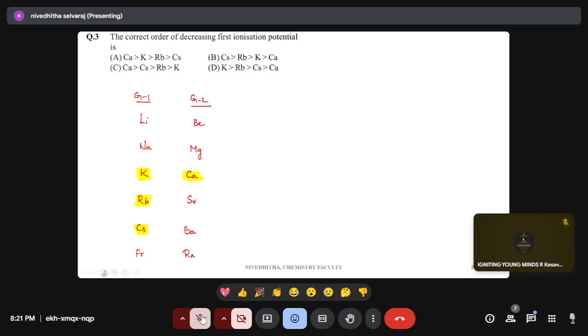So, calcium will have the highest ionization energy. So, second and fourth options were ruled out. As far as group 1 elements are concerned, we have potassium, rubidium, and cesium. As you move down the group, ionization energy decreases. So, cesium will have the lowest energy. So highest is calcium and lowest is cesium. So answer is first option.